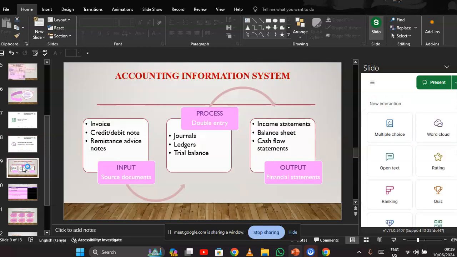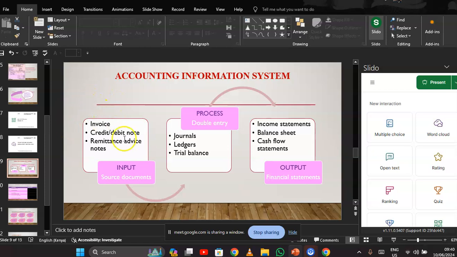So, when we talk of an accounting information system, it looks like what I have displayed on the screen. There is an input, process, and the output. The source documents are the input to the accounting information system. I can see some of you have listed invoice, credit and debit note, remittance advice notes, etc. Those are the inputs.